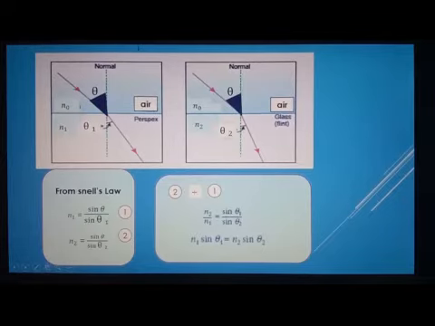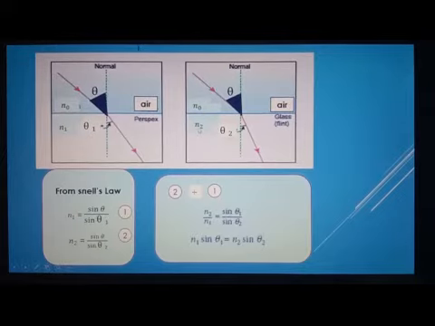Now we want to use Snell's law. According to Snell's law, the ratio of sine i over sine r equals a constant. Then if you want to determine the refractive index of perspex, you just put n1 equals sine theta, which is the angle in air, divided by sine theta 1.